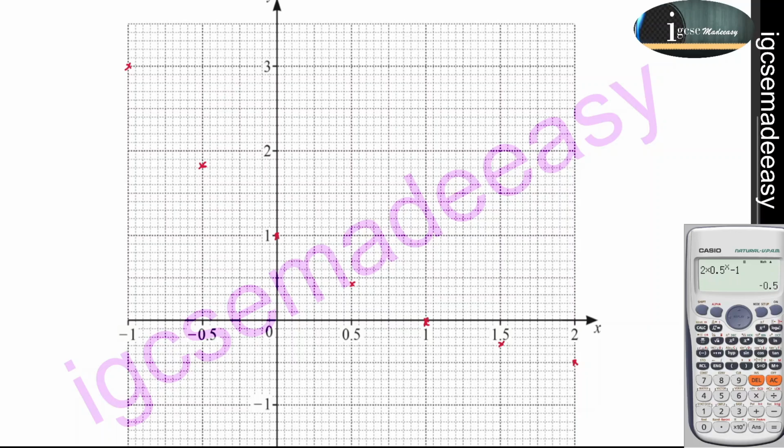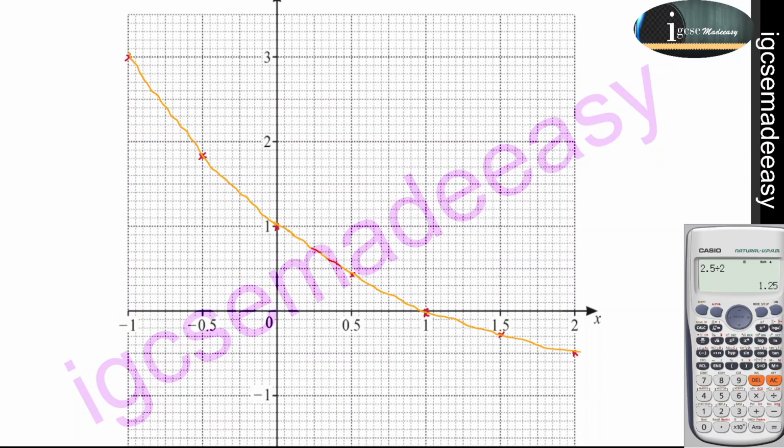Okay, let's draw it now. We have to join these points. Make sure that you are joining it nicely. I'm trying my level best, but this would be the curve that we need.